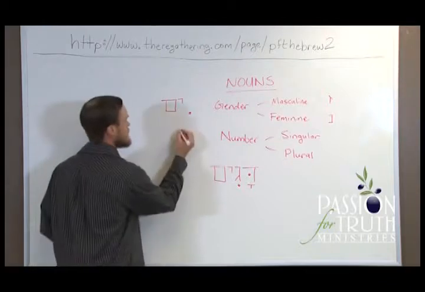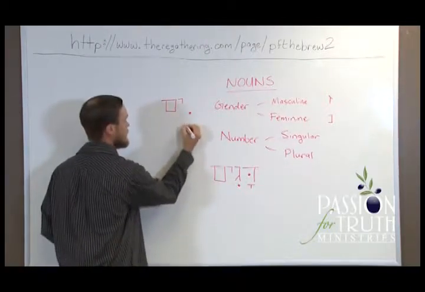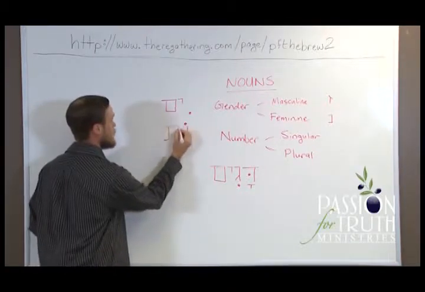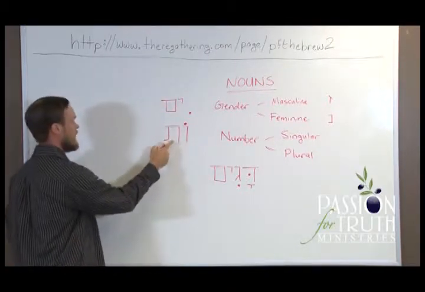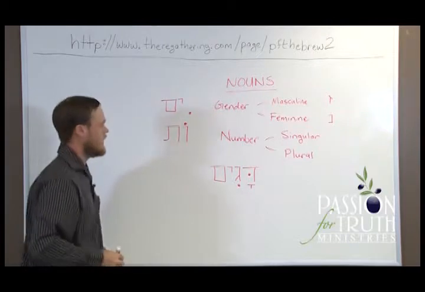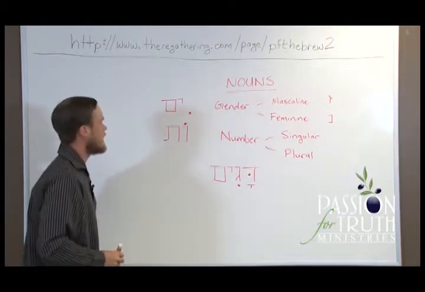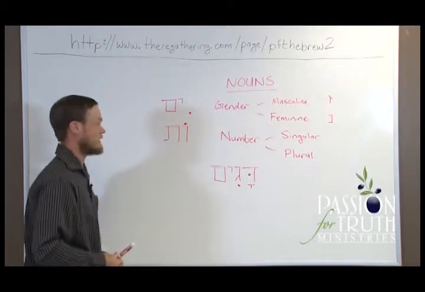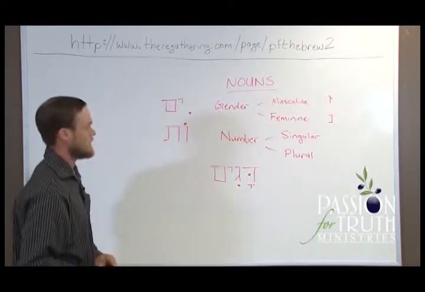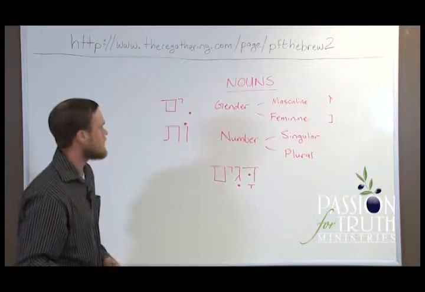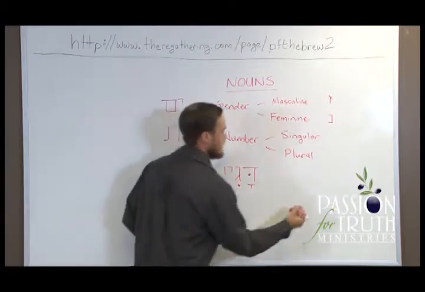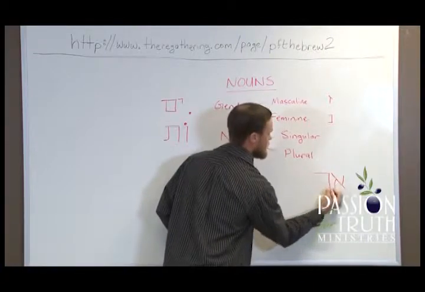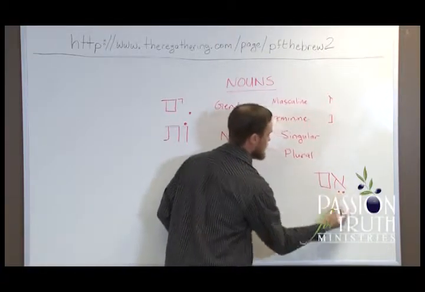All right, feminine nouns are made plural by the suffix ot, cholam, tav. In the beginner class, I didn't give any feminine nouns, but in the intermediate class, em is mother.